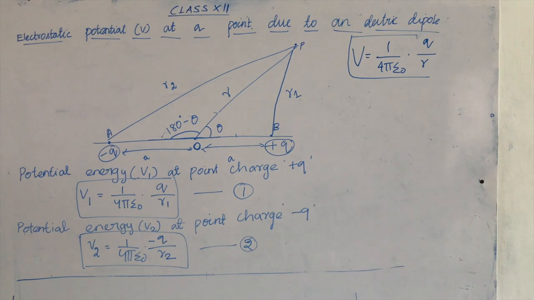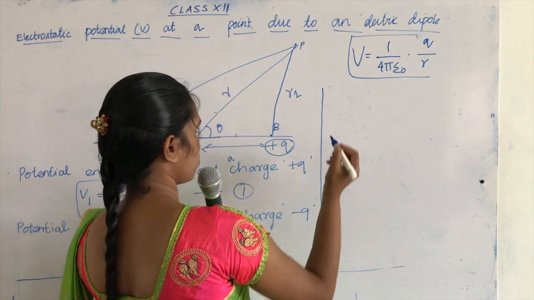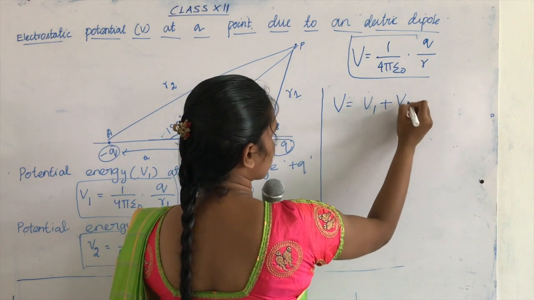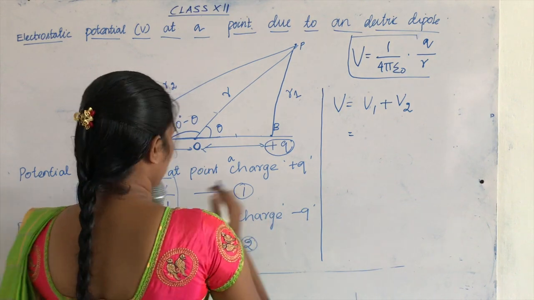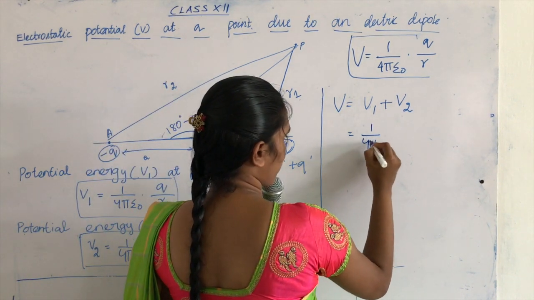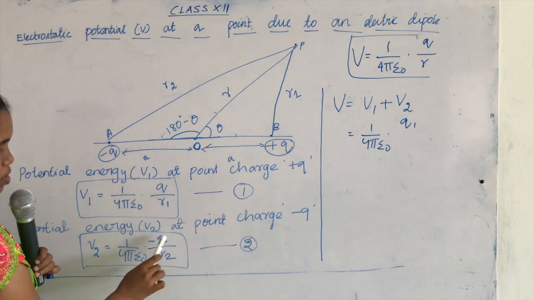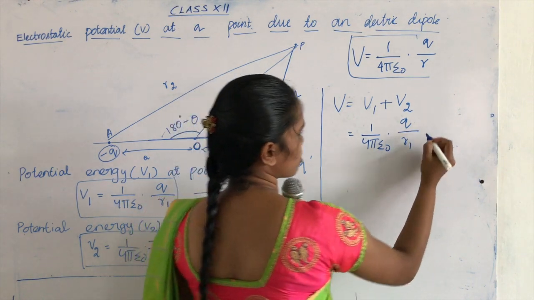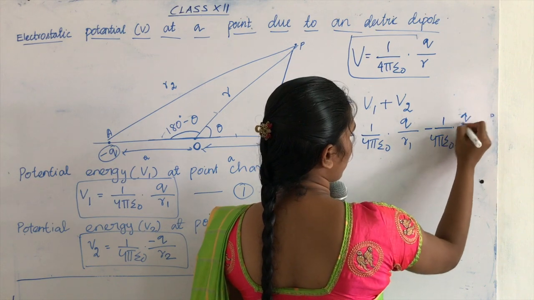Do we understand, children? Now, the total potential V equal to V1 plus V2. Now, add it. 1 by 4 pi epsilon 0 Q by R1, the minus comes here, minus 1 by 4 pi epsilon 0 Q by R2.